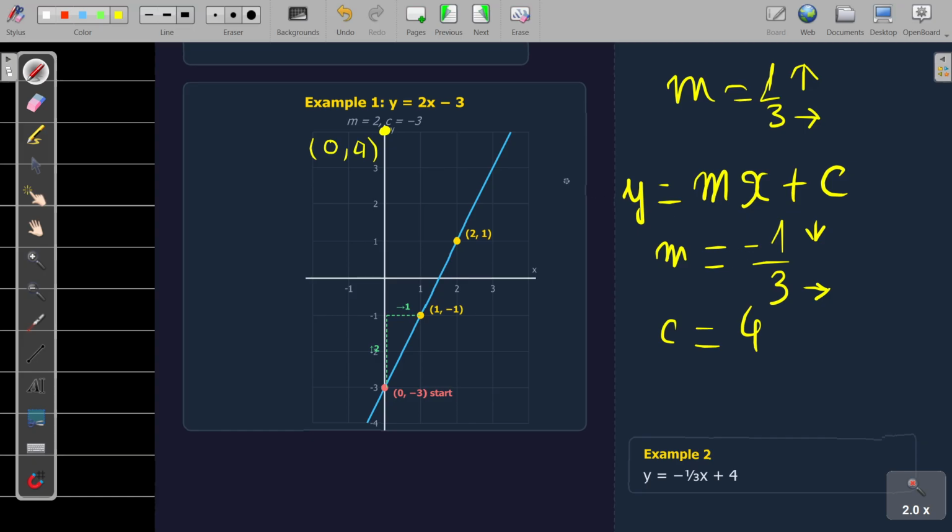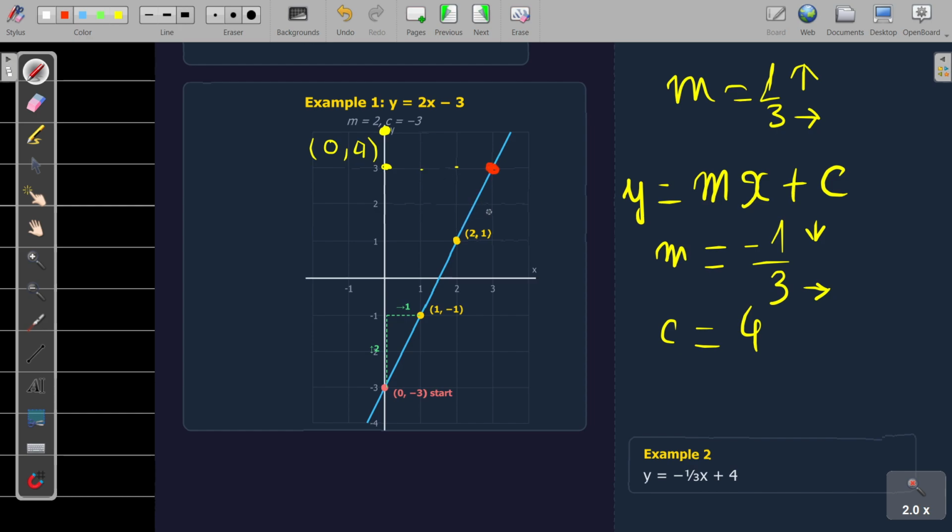But now I just need to go down. So I go down 1. I need to go to the right 3 times. So 1, 2, 3. And I found my next point. This is my second point in the second example. This one right here.